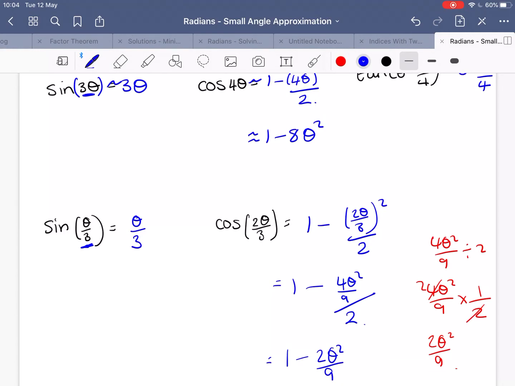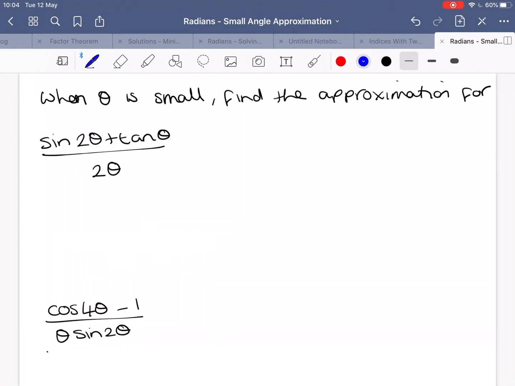Okay, so the type of questions they're going to ask in the exam are going to be things like this. So when theta is small, find the approximation for sine 2 theta plus tan theta over 2 theta. So I almost always start off by writing my approximations down quickly. So I know sine and tan are approximately equal to theta, and cos theta is approximately equal to 1 minus theta squared over 2.